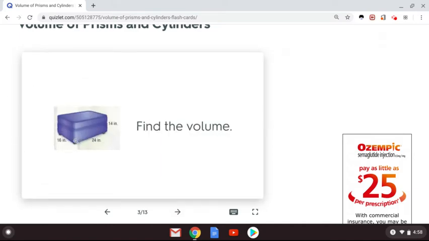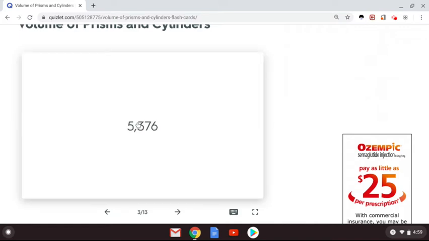Finding the volume. Again, we're going to be multiplying all these three sides together, and then just to do it really quickly, I would be multiplying 16 times 24 times 14, and I get 5376, and that is correct.